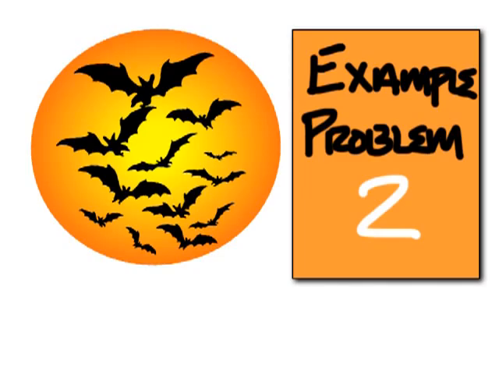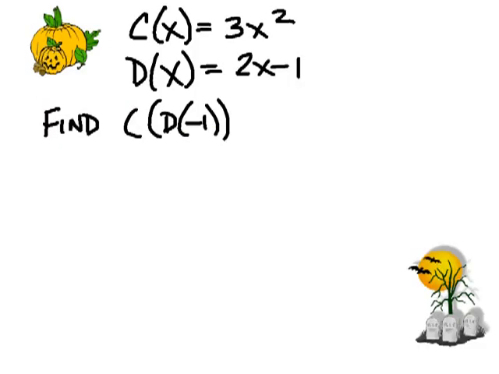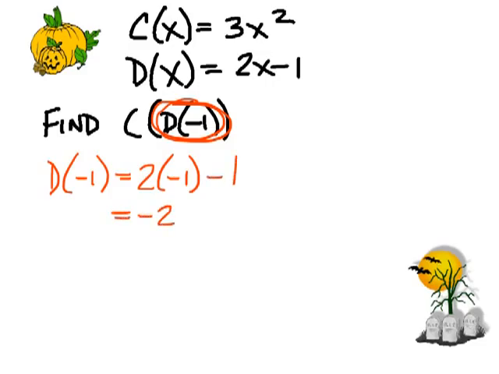Here's another example. C and D functions, and you must find C of D of -1. So first you must start with the D of -1. D of -1 is 2 times -1 minus 1, which is -2 minus 1, and that is -3, but that's not your final answer.